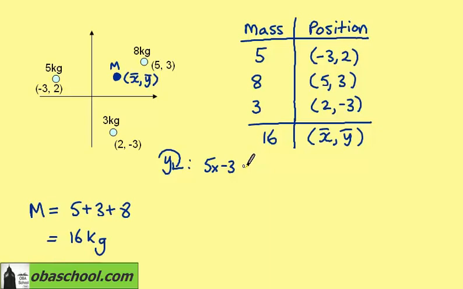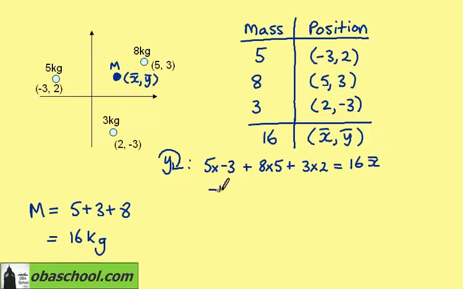For the 8 kilogram mass then, we're going to have 8 times 5. For the 3 kilogram mass, it will be 3 times 2. And this must be equal to the moment produced by the centre of mass, which is 16 times x bar.